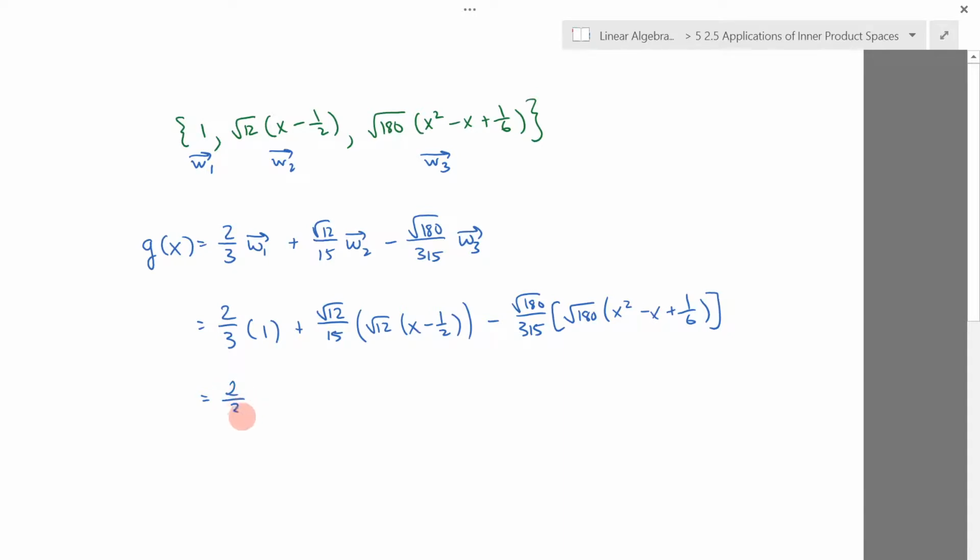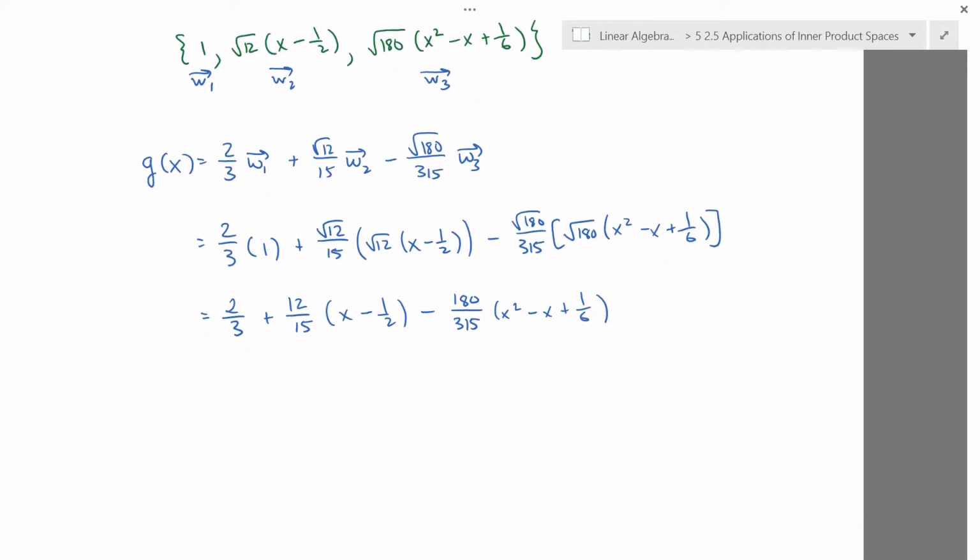So this is just 2/3. And then square root of 12 times square root of 12 is 12, so 12 over 15 times (x minus 1/2). This times this is just 180, so 180 over 315 times (x squared minus x plus 1/6). Okay, so to simplify things a little bit, let's reduce these fractions, right?